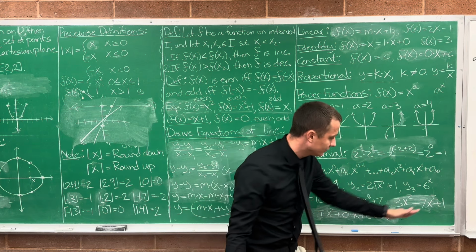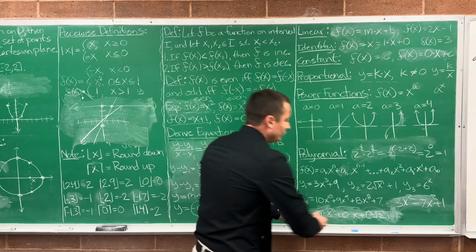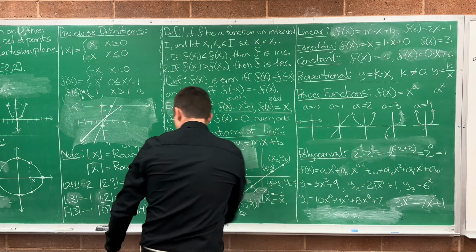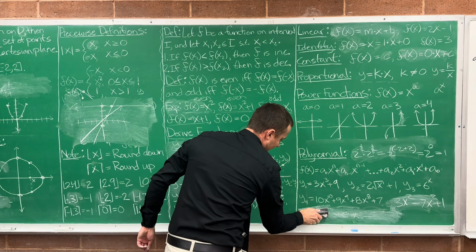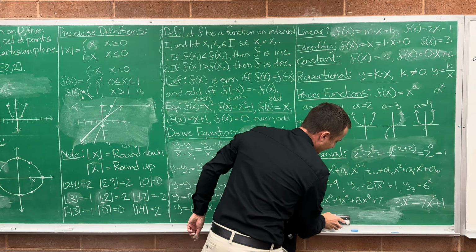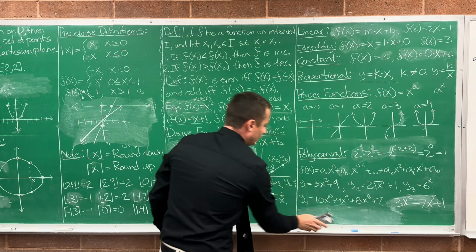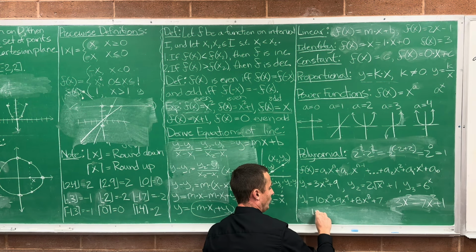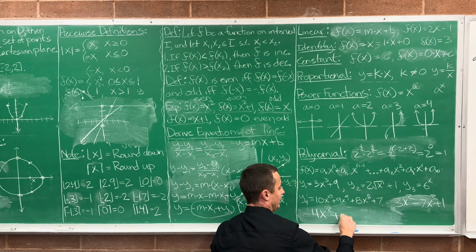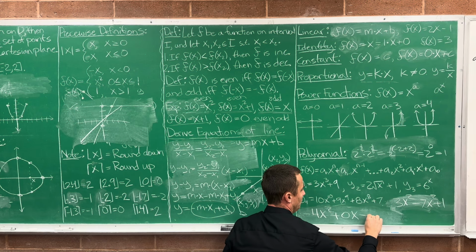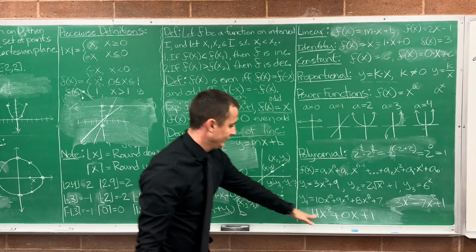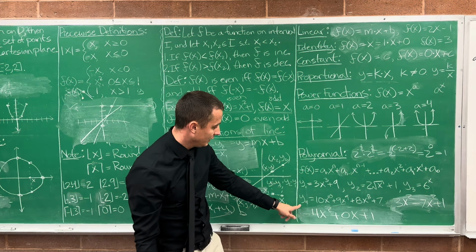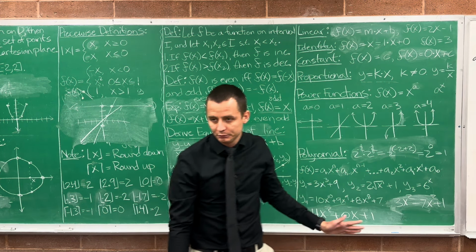In this case it is, because we can re-express that as negative 4x squared. We can re-express that as 3x minus 7x, that's negative 4x squared plus 0x plus 1. This is the same thing as that. If it can be expressed in this pattern, it's a polynomial.